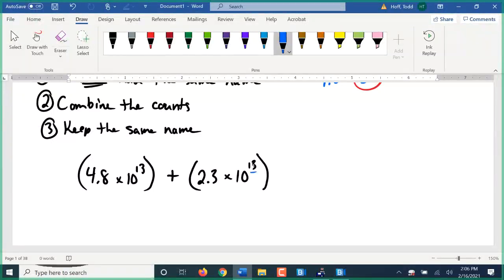Well, note these are both 10 to the 13th, so they have the same name, which means we're okay to add them. Combining the counts, that means we combine the 4.8 plus the 2.3 to get 7.1. And then we keep the same name, 10 to the 13th. So 7.1 times 10 to the 13th is our result.